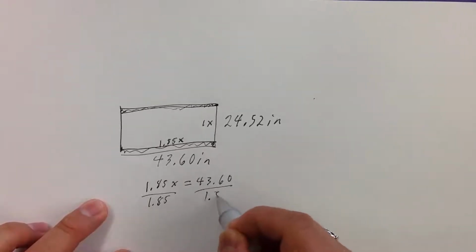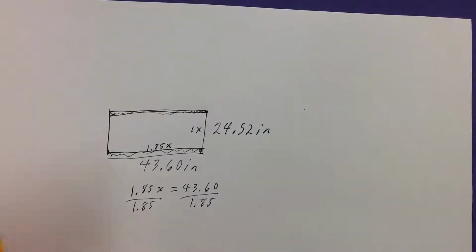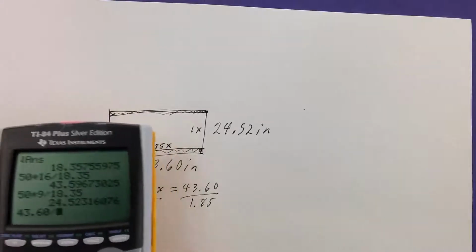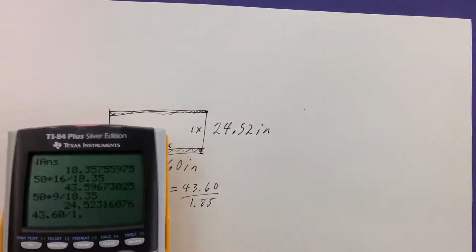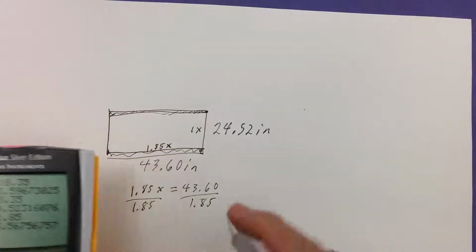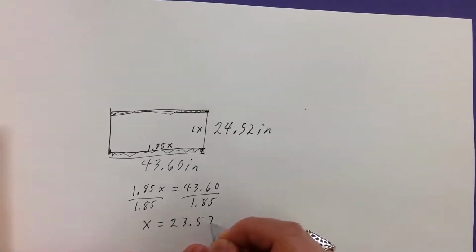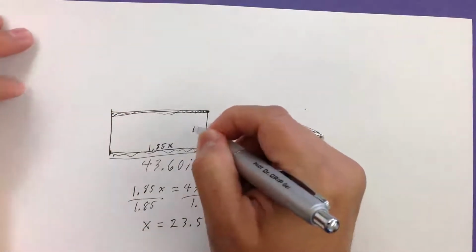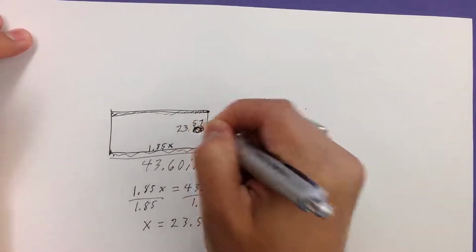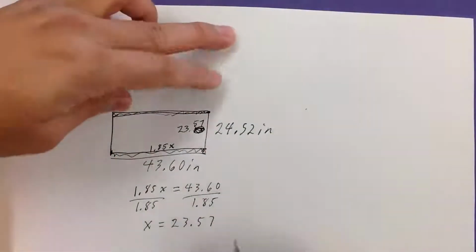And this will give you the reason why it's easy to use that 1.85 to 1 aspect ratio. 43.60 divided by 1.85 gives you 23.57. That means that instead of multiplying by 1, you just need to say it's 23.57. It's no math. From there, you just subtract this from here.